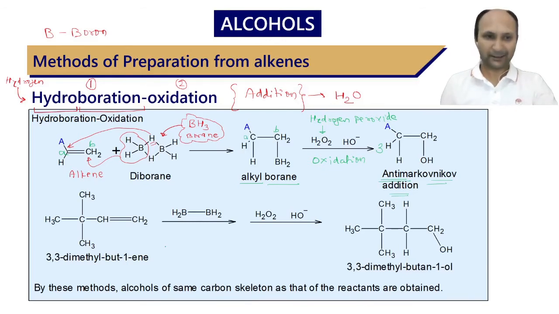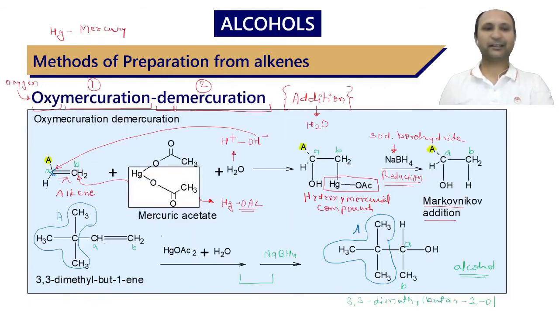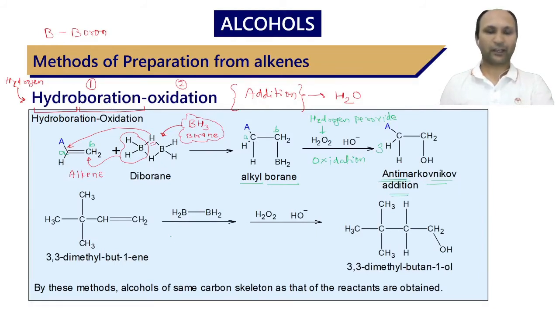Before that, let us see the example, and we have taken the same compound that we had taken here, that is 3,3-dimethylbut-1-ene. So when this 3,3-dimethylbut-1-ene reacts with diborane, we'll just write it as BH3.